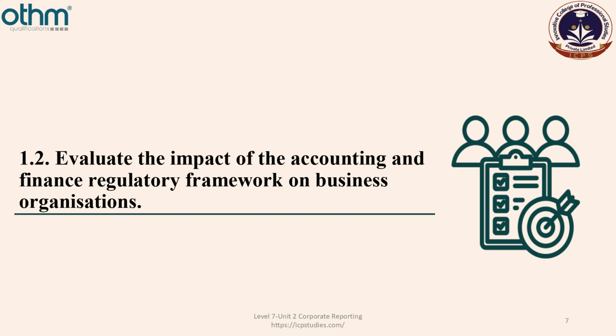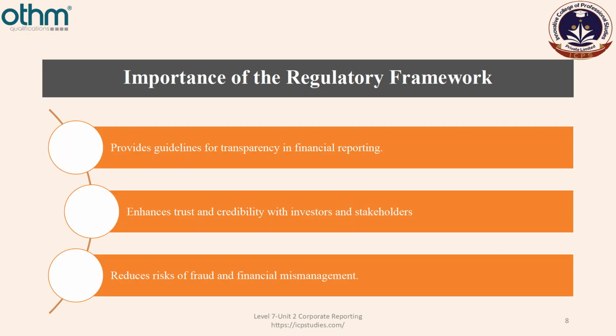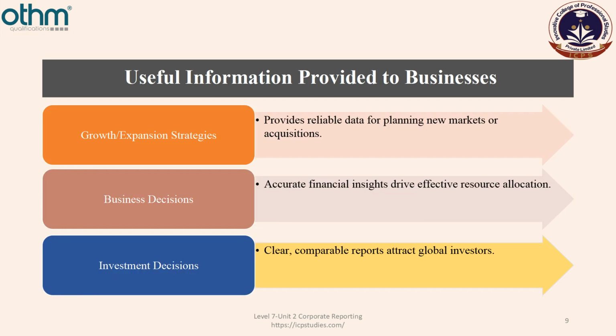Now we have the second assessment criterion, which evaluates the impact of the accounting and finance regulatory framework on business organizations. So we have different importance of the regulatory framework. First, it provides guidelines for transparency in financial reporting. Then it enhances trust and credibility with investors and stakeholders. Then it reduces the risk of fraud and financial mismanagement.